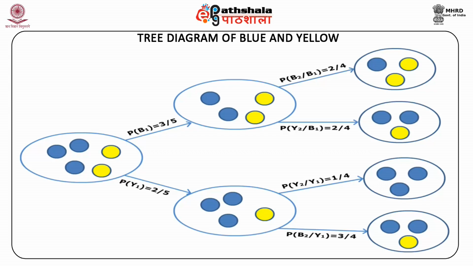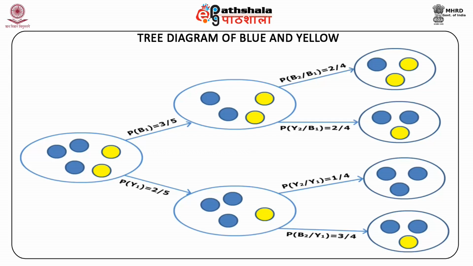Similarly, probability of Y2 given B1 is equal to probability of the second ball drawn is yellow given the first ball drawn is blue, which is equal to 2 by 4. Probability of Y2 given Y1, which is equal to the probability the second ball drawn is yellow given the first ball drawn is yellow, is 1 by 4.